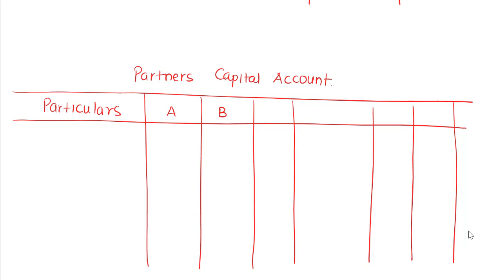Particulars A, B and C. By balance brought down 15,000, 10,000.